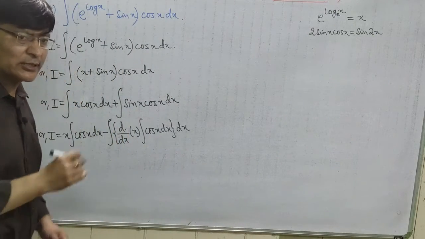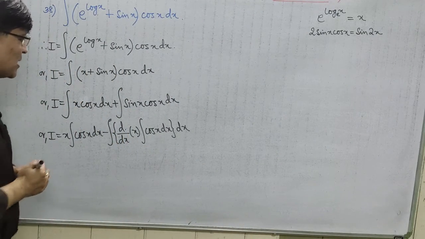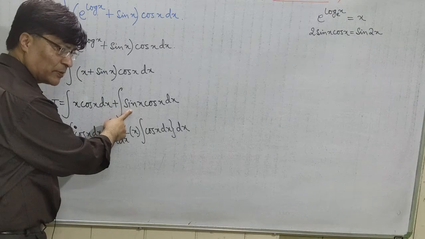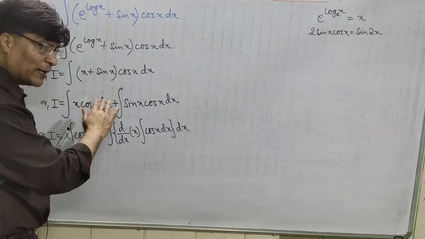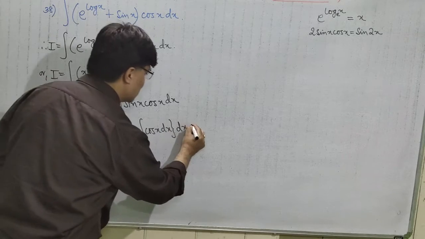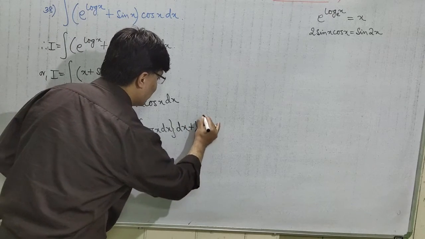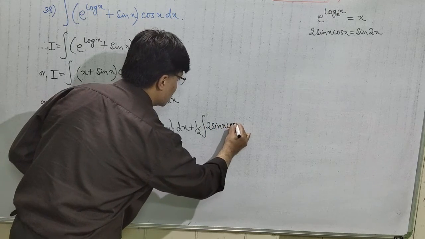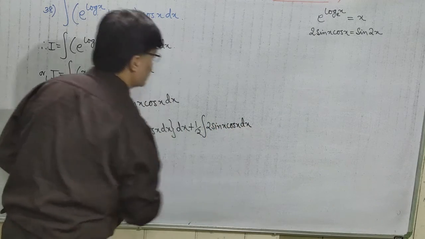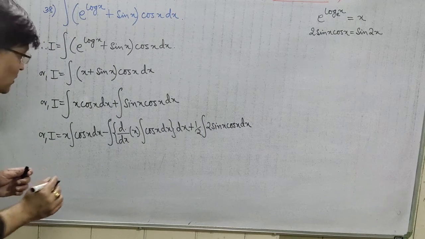But in this case there is no 2 here. You have to multiply it by 2 and it should be cancelled, so it should be multiplied and divided by 2. That means you can write plus half the integration of 2 sin x cos x dx. So I think you have understood it.